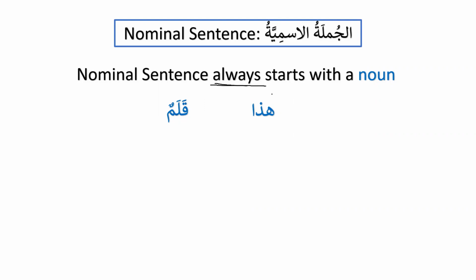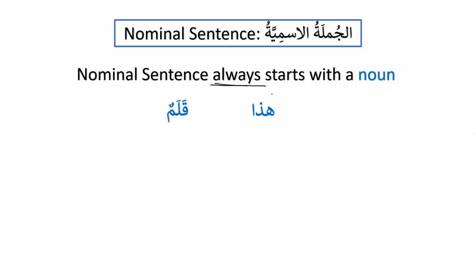So what we do, basically, we put two nouns together, and the combination of two nouns will give us a complete meaning. It will be a complete sentence. So we have to understand what the combination is. If you are able to understand the combination, that would be perfect.